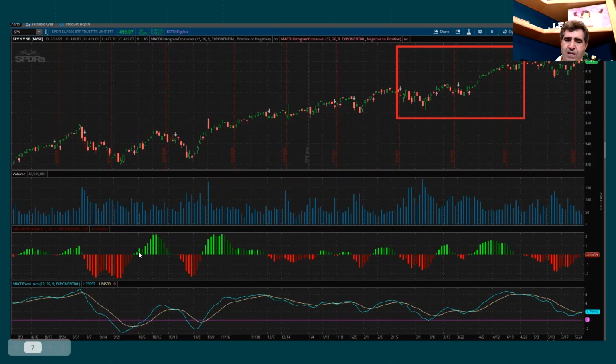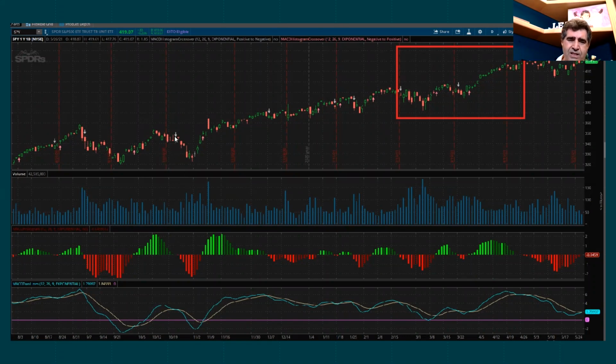Histograms are telling us, again, if the momentum is changing to positive, that's a buying signal. And this program was written just for Thinkorswim. What you could also have access to are what we call crossover buy signals.